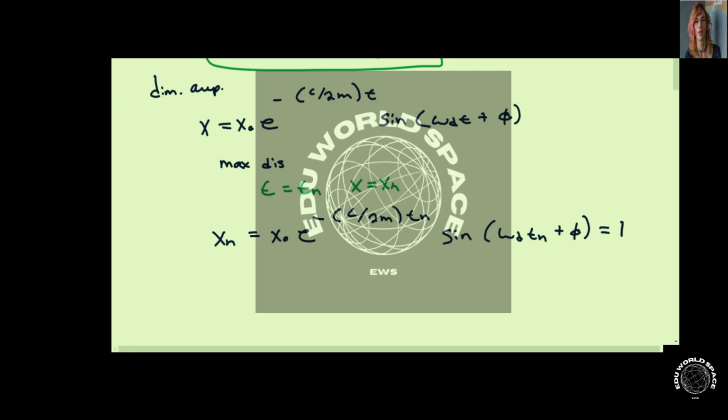And now we need to do the max displacement. So we have another max displacement, and this one we have, because this is the next max displacement, so after that we have tn plus k, x equals xn plus k.